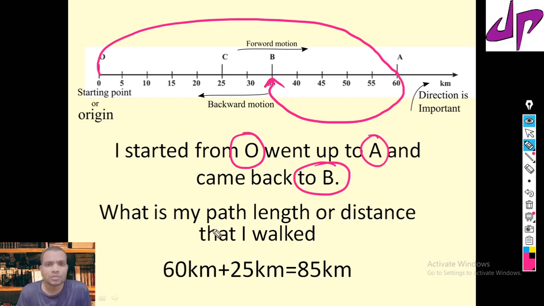In that case we need to write O to A plus A to B, and O to A is 60 kilometers. To find A to B, we can subtract OB from OA.